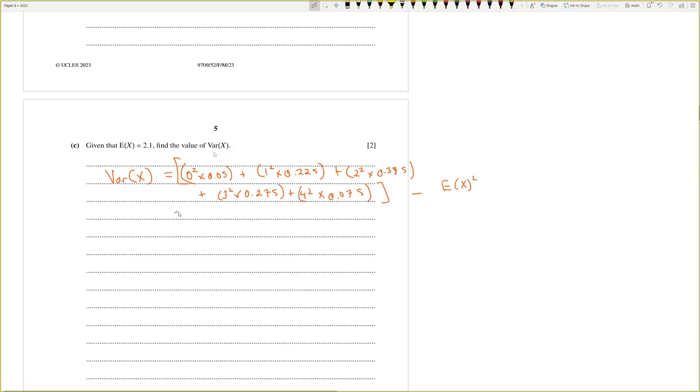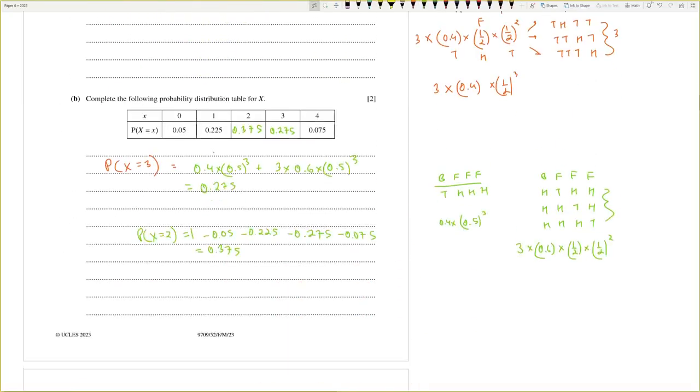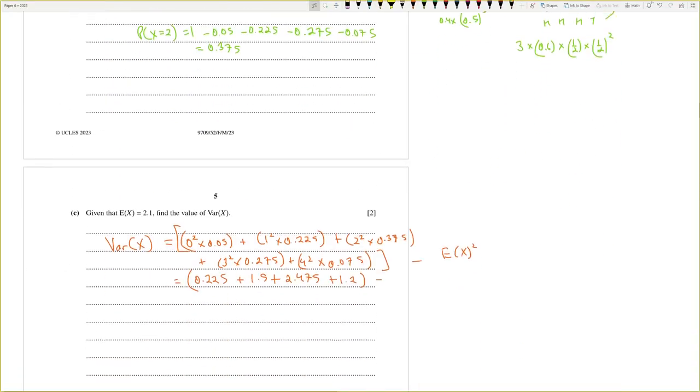So what do we get, guys? It's 0 plus 0.225 plus 4 times 0.375, which is 1.5, plus 9 times 0.275, which is 2.475, plus 16 times 0.075, which is 1.2, minus the expectation whole square, which is 2.1 square.